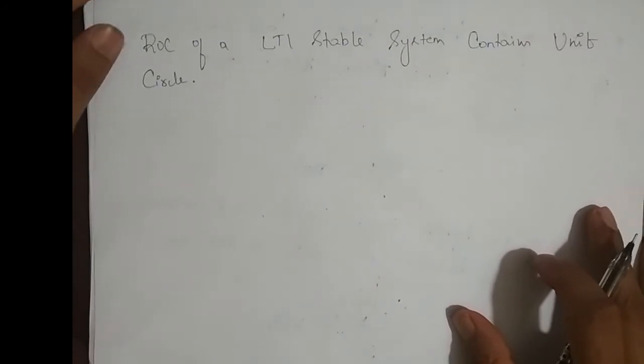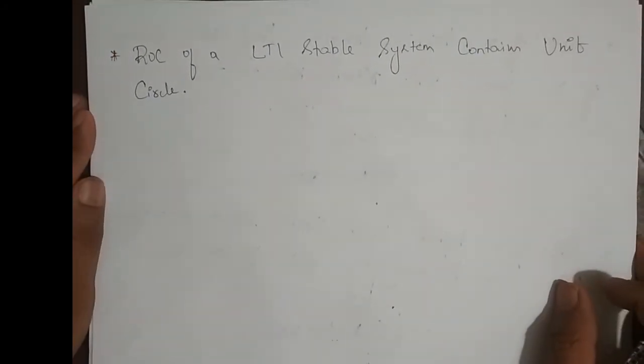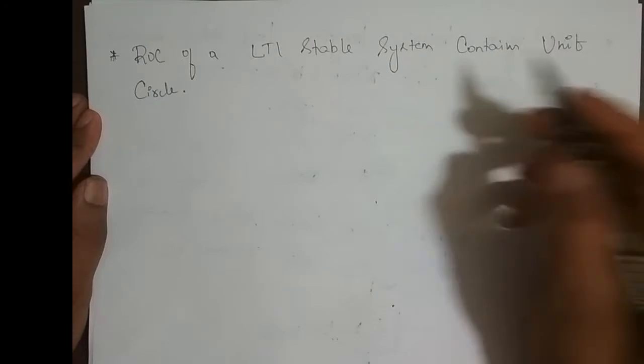And the last property is ROC of an LTI stable system contains the unit circle.